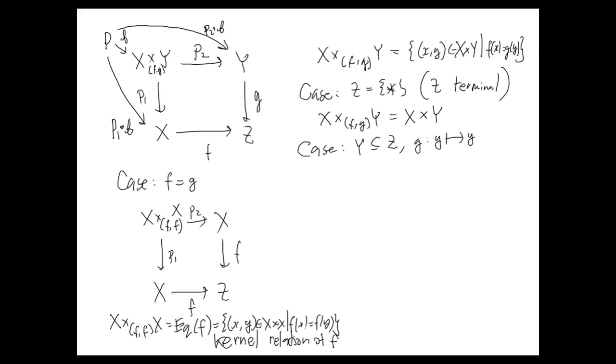In the case when Y is a subset of Z, let's redraw the diagram. Now f is still any function, sorry, but Y is a subset, and this map here is subset inclusion.